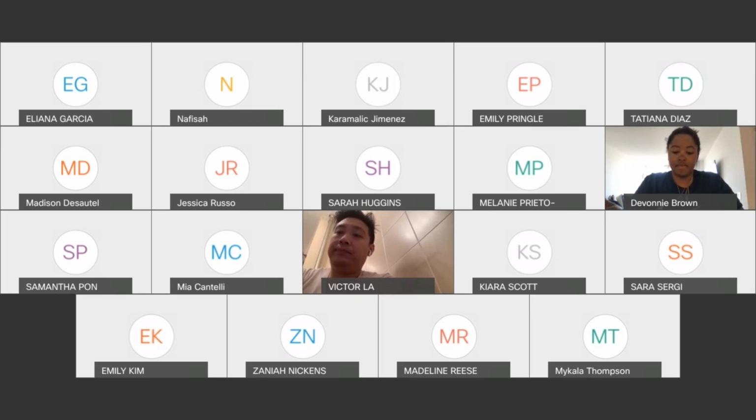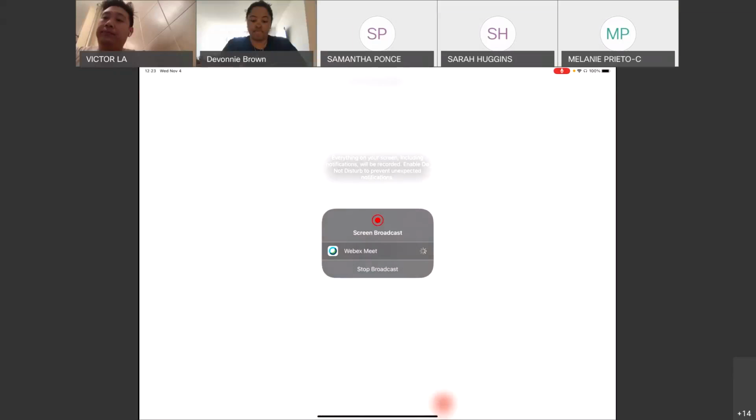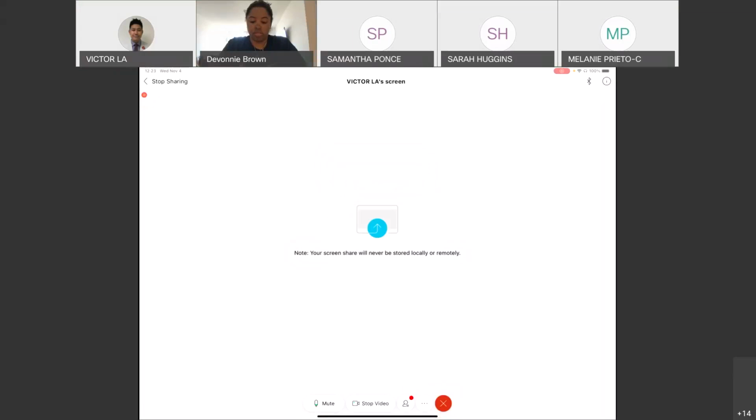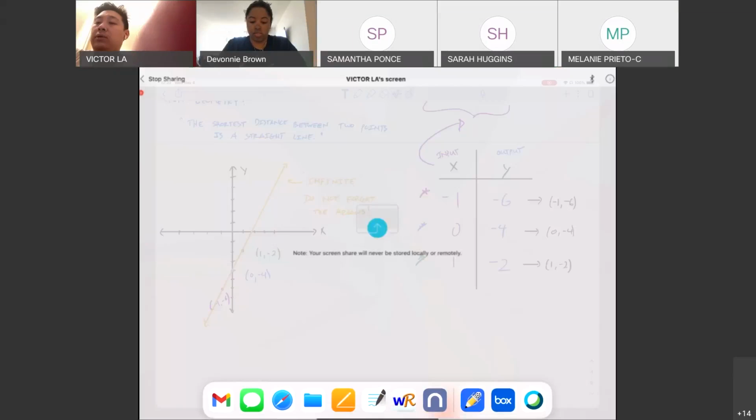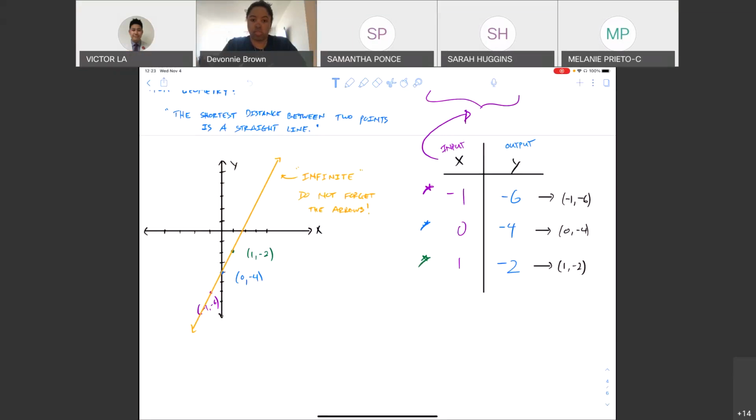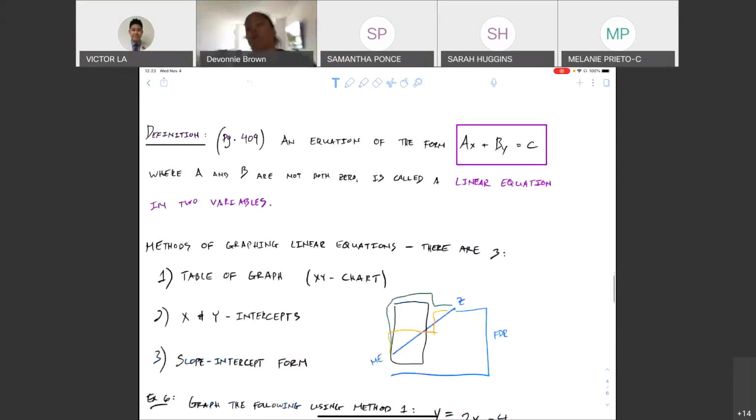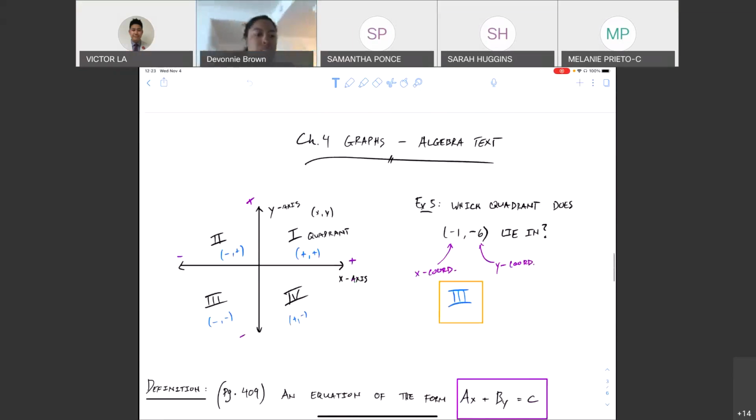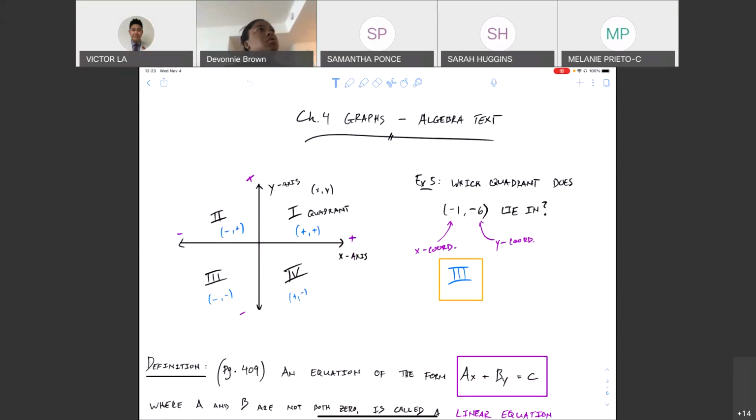If you flip back to your notebook and look back 1 or 2 pages, you saw that there were 2 things I wanted to mention before we start today. We talked about the quadrants, the grid, the coordinate plane, you'll hear a lot of names for it.